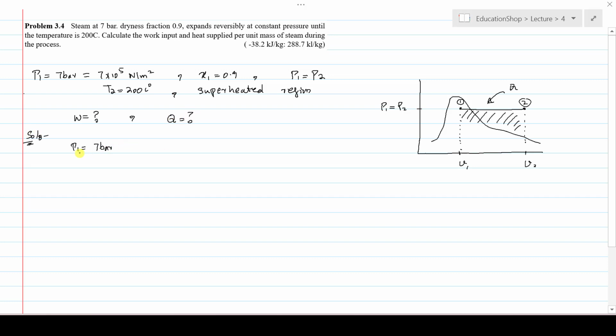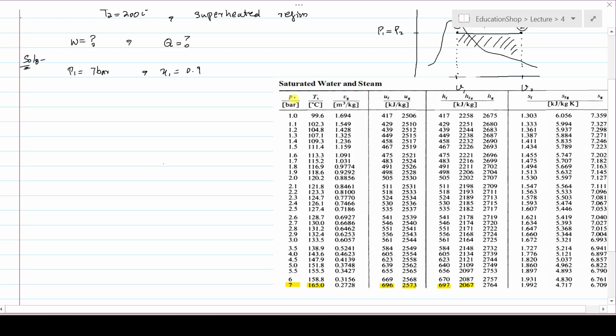At the initial state, the pressure P1 is 7 bar and the dryness fraction x1 is 0.9, which is given. Let me show the saturated steam table. Here at 7 bar you can see the corresponding specific volume, 0.2728 meter cube per kg.